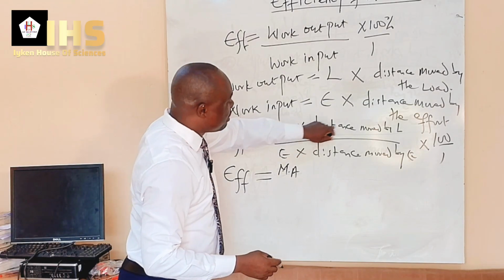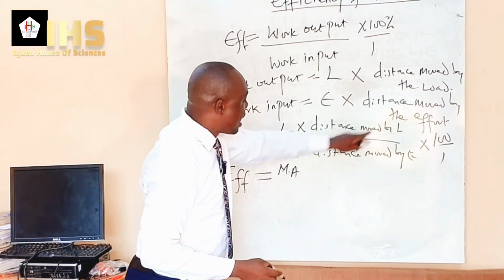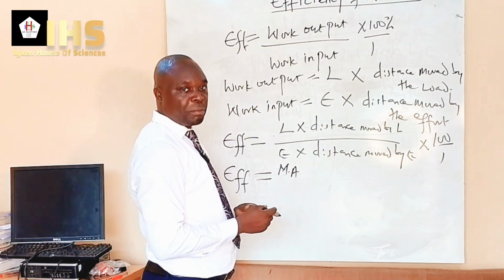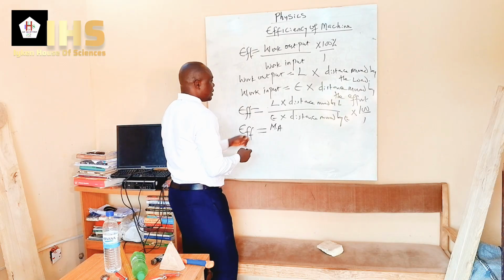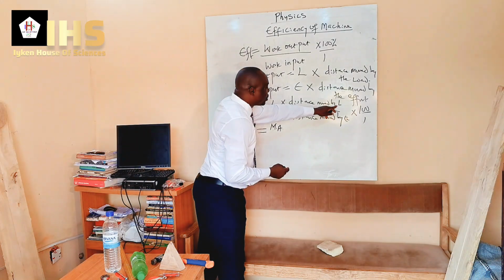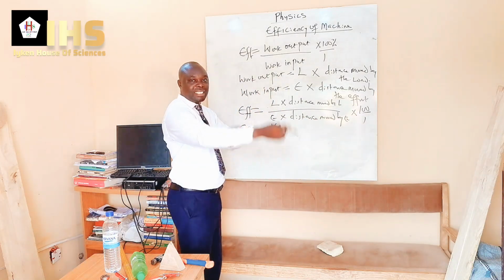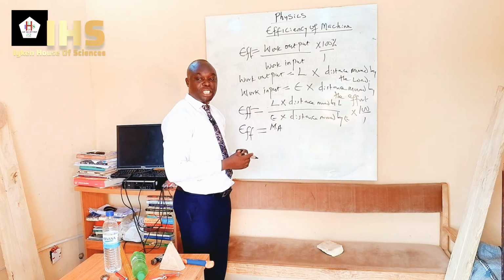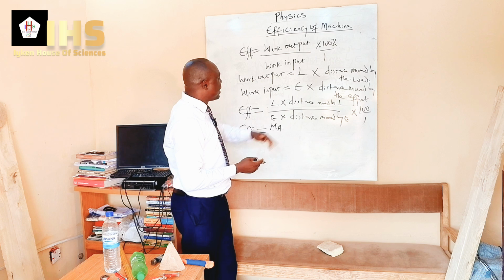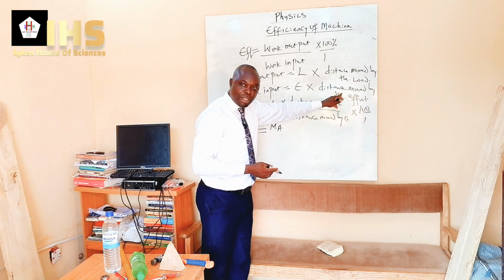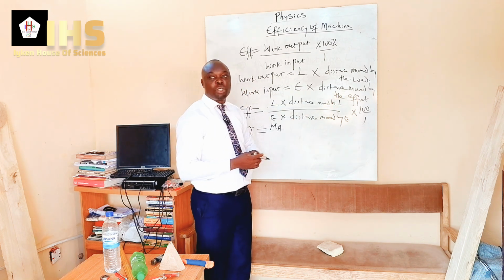What about the distance moved by the load and the distance moved by the effort? Distance moved by the load over distance moved by the effort is the inverse of the velocity ratio, because velocity ratio is distance moved by effort over distance moved by the load.